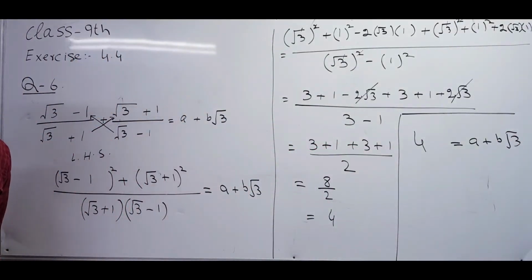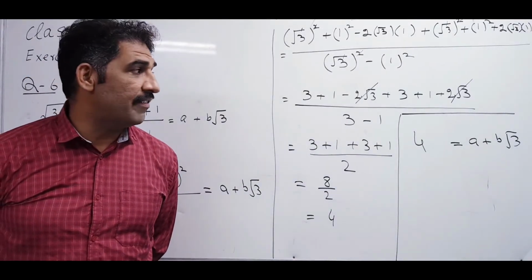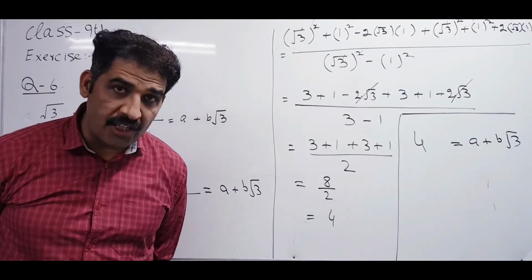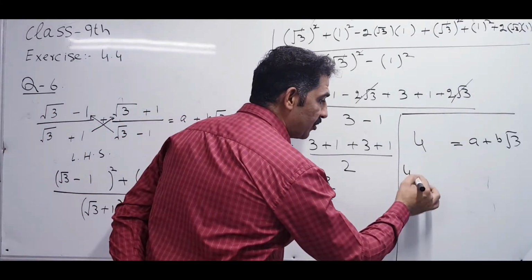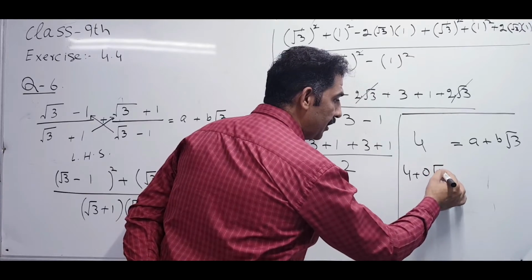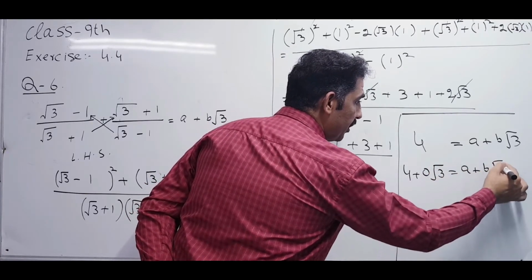Because at this time there is only one term, but on the right hand side we have two terms. So if the value of a is equal to 4, then what is the value of b? 0? Good. Yes, you can write it that way also, my dear student, because there is no other term, so you can write 0 root 3 and here a plus b root 3.